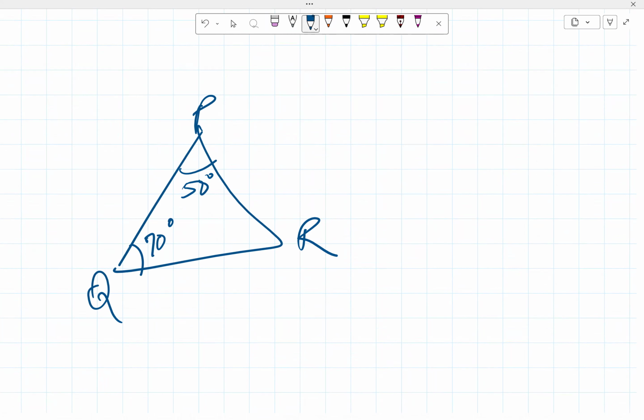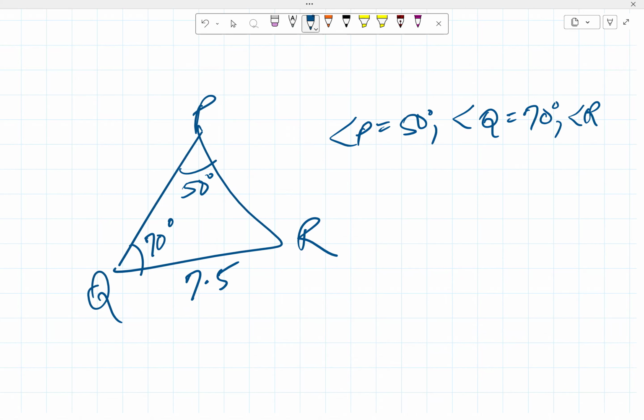So you know those two angles, and then you know a side facing either of them. So let's say this now is 7.5. This is a very good case for the sine rule. So you have angle P is 50 degrees. You have angle Q to be 70 degrees. Now angle R, we don't know.